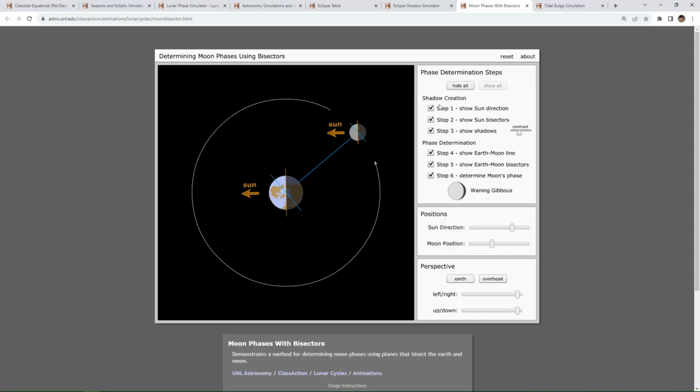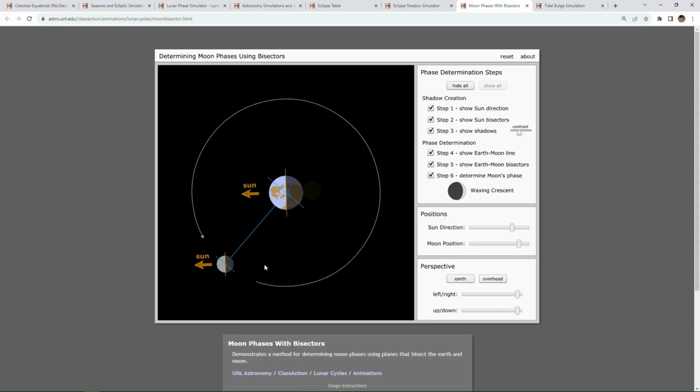And now we can also move the moon to another location. Like, how about here? You can see now the Earth is able to see the half of the moon that's facing the Earth, but of the half of the moon facing the Earth, only a small part is the bright part. A majority part is the dark side.